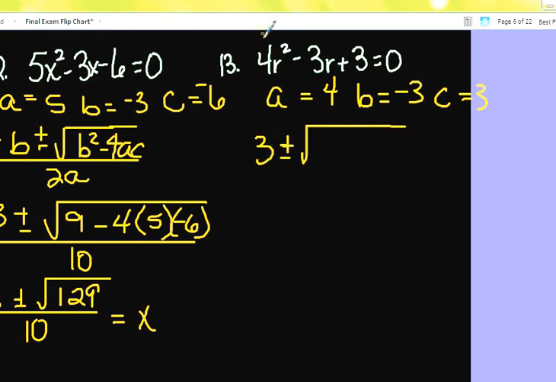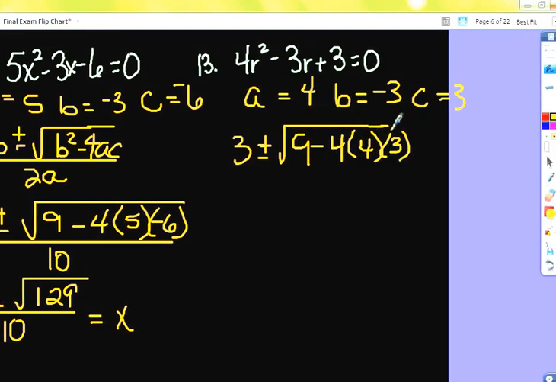And b squared again is 9 minus 4 times 4, 4ac, times 3. And this is going to be all over 2 times a, which is going to be 8.